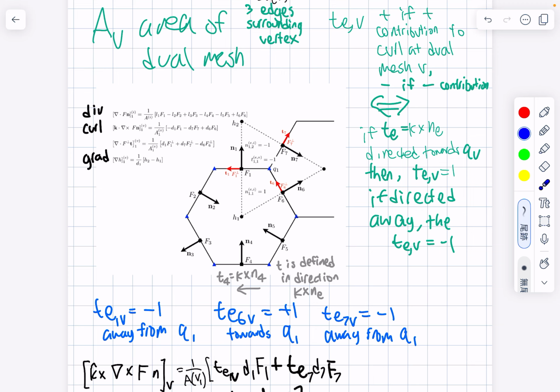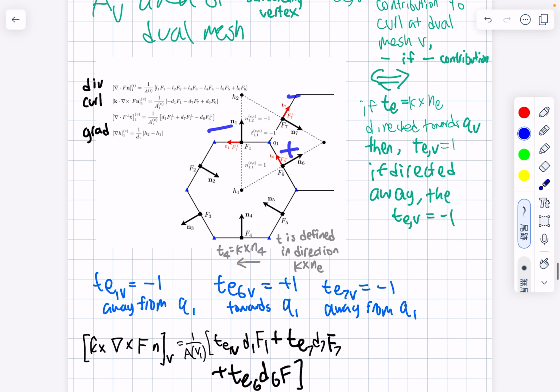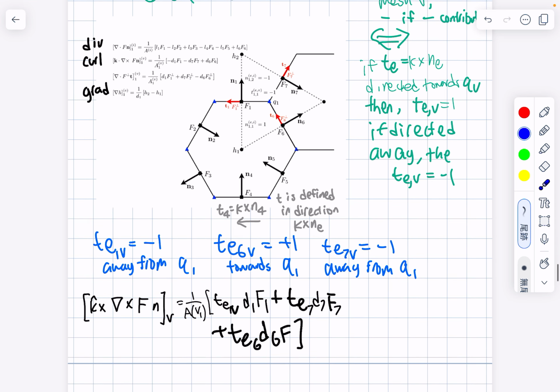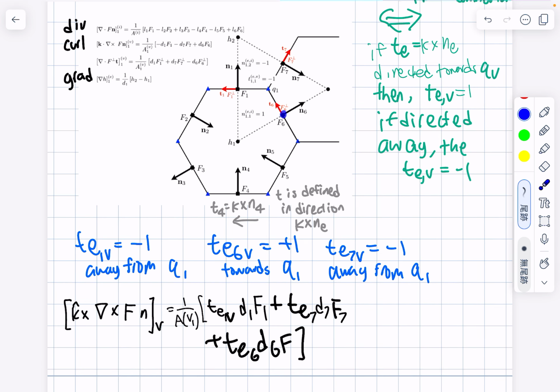For example, D1. If it goes away from this vertex, it's negative. If it goes towards, it's positive. So this one is positive, this one is negative. So positive, negative, negative. And we just run through with our fluxes.